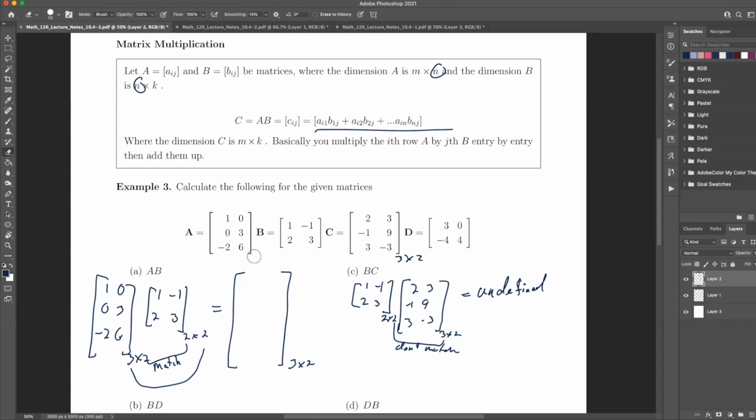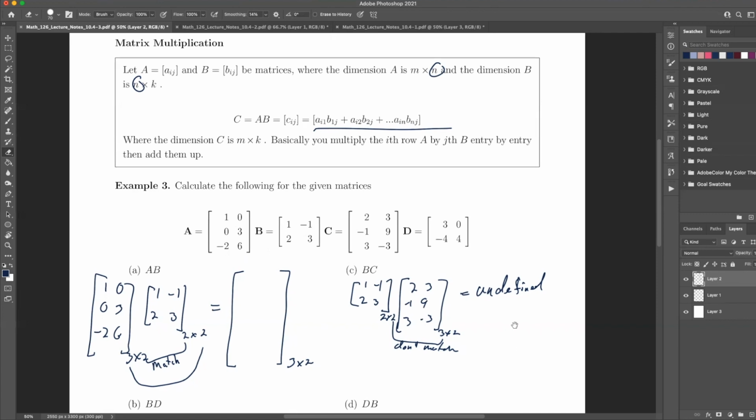What I wanted to show here is that a 3 by 2 times a 2 by 2, I can do. A 2 by 2 times a 3 by 2, I cannot. And even a 3 by 2 times a 3 by 2, once again, I cannot do. All right, so let's do this.